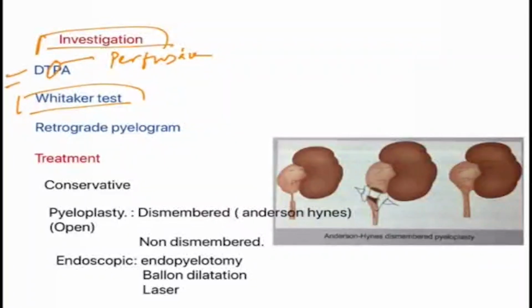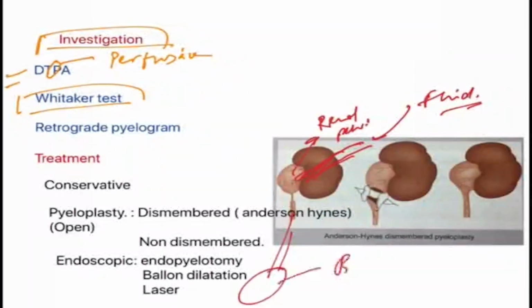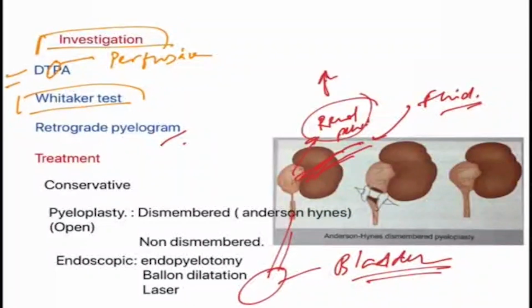The investigation: DTPA to see the perfusion. Whitaker's test is done by inserting a percutaneous nephrostomy tube and giving fluid, and the pressure in the renal pelvis system and the bladder is measured.